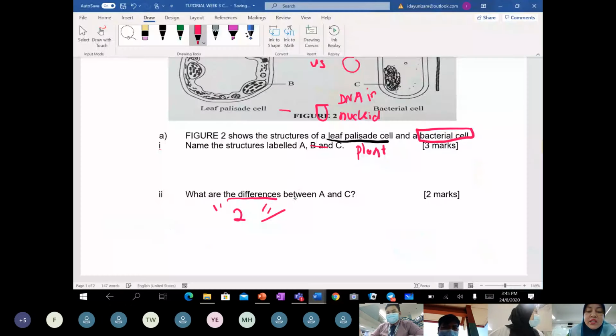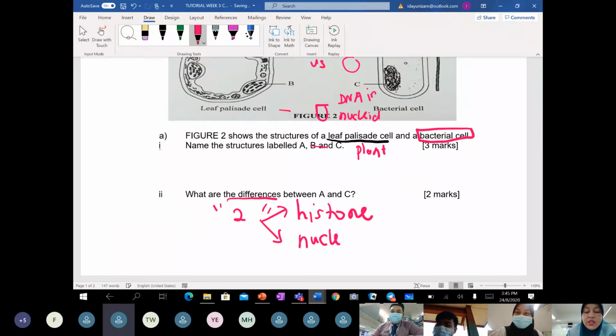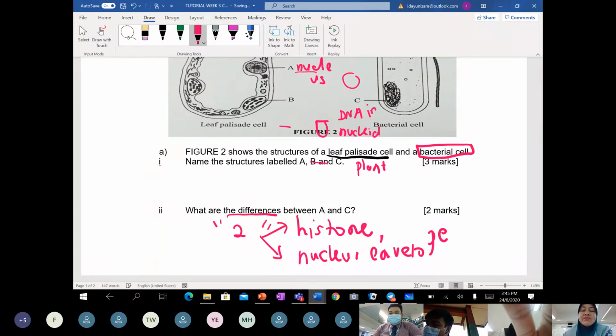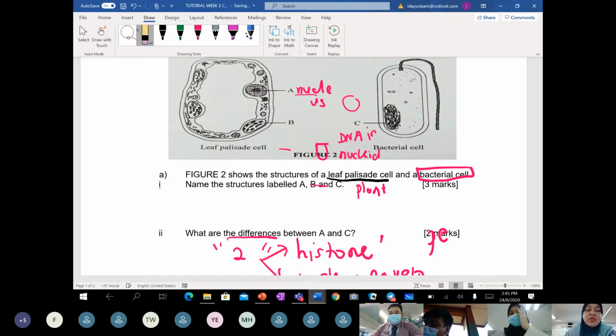One difference is about the histone. Another clue is about the nuclear envelope. So teacher wants Amira to respond how to differentiate between the nucleus and the DNA in terms of the presence of histone.